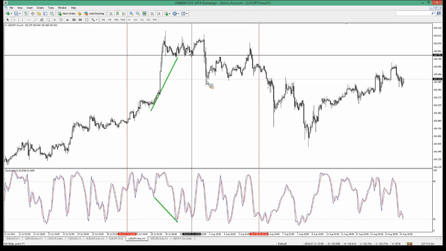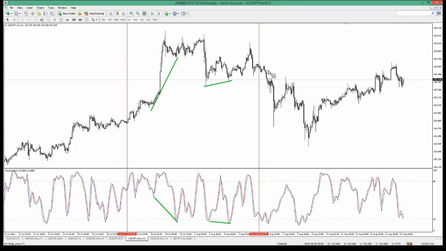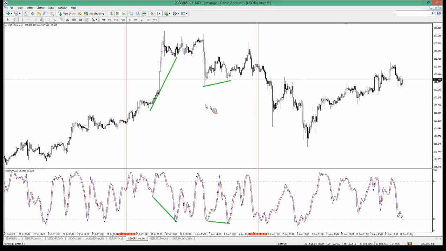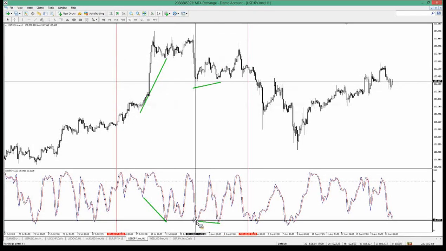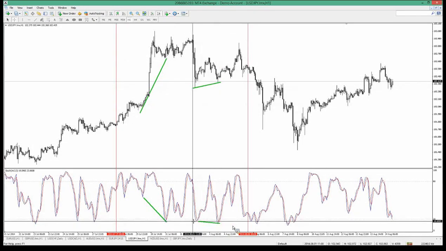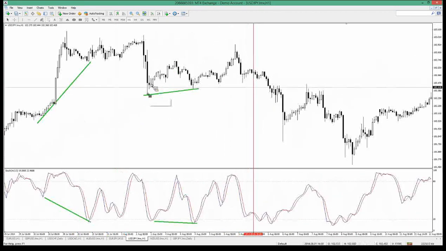Here, from there to there, that one would have been a decent play. So we've got direction of the trend. We've got our reverse divergence pattern. And then, as I said, maybe you want to buy it on a pullback. I would always buy it on a pullback.